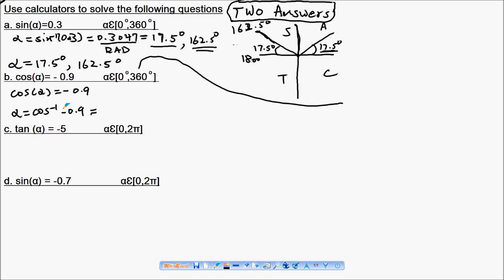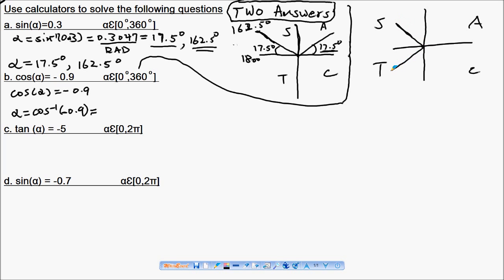So we have to draw our unit circle again. With ASTC, a cosine of an angle that gives us a minus value should be in the second quadrant and the third quadrant.